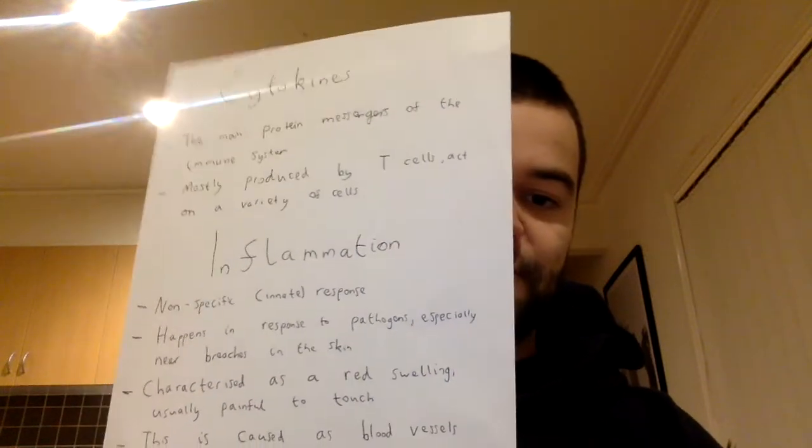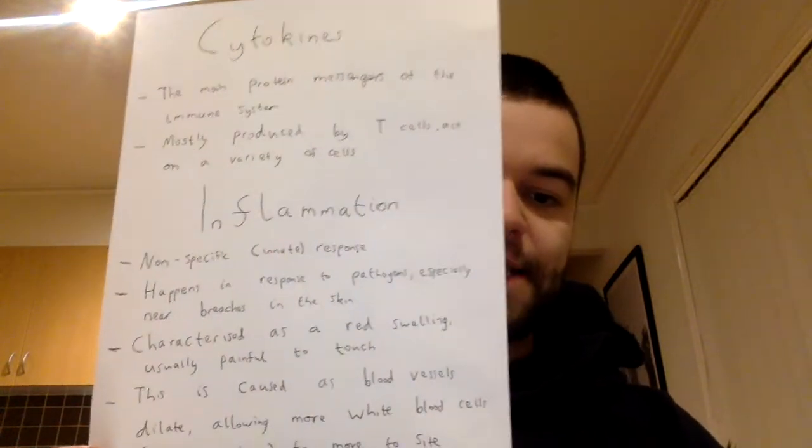It's usually painful to touch, and that's caused because after the initial breach of the skin and the infection by the pathogens, mast cells that we looked at previously release their histamine. When they release their histamine, that makes the blood vessels in the area dilate, and that allows white blood cells to move to that area.